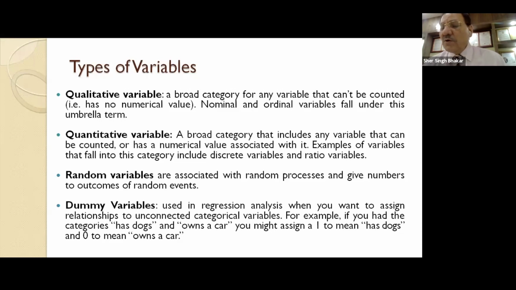Motivation cannot be directly measured, but we can use indirect methods to measure it, and therefore it can be converted into a quantitative variable. So, qualitative and quantitative variables. Nominal and ordinal variables generally fall under the qualitative umbrella, and interval and ratio fall under quantitative variables.